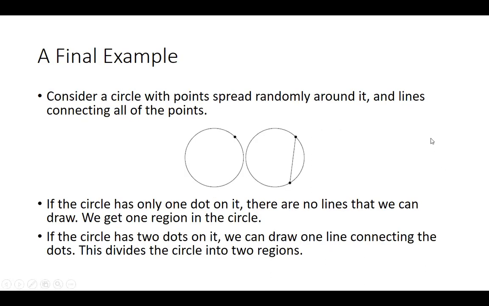A final example. Consider a circle with points spread randomly around it and lines connecting all of the points. So if the circle has just one dot on it, there are no lines we can draw. You can't draw a line from a dot to the same dot. So this is one region inside the circle with one dot. If the circle has 2 dots on it, we can draw one line connecting the dots, which divides the circle into 2 regions.